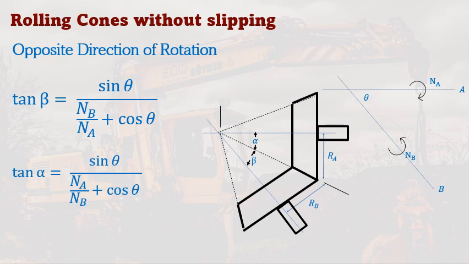This formula that you can see here in the presentation is already a derived formula. You can use this whenever you have rolling cones with rotation opposite each other. You can also see here that RA would represent the radius of cone A, and RB is the radius of cone B.